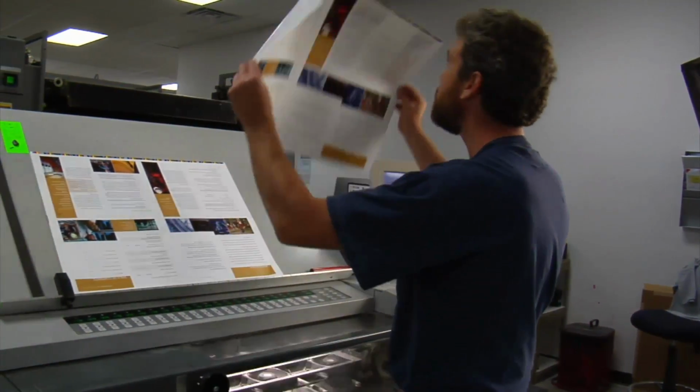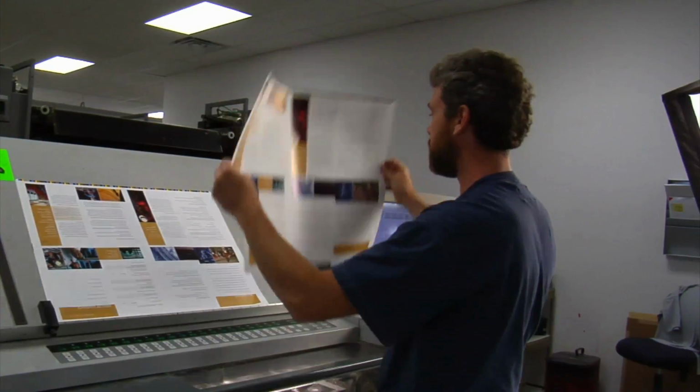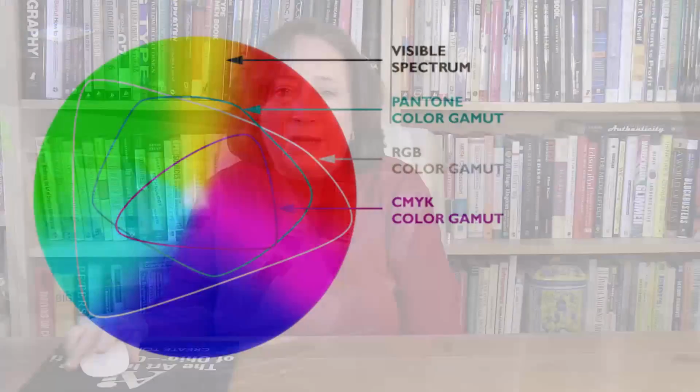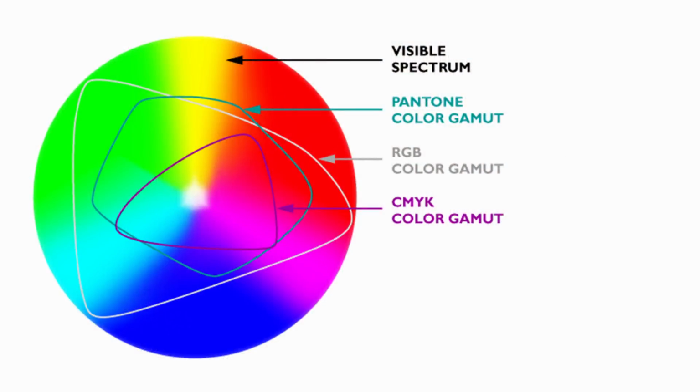The total number of colors that can be printed with CMYK is about 100,000 colors. This is a fraction of the colors available on a color monitor, 16.8 million. Only 1/2 of 1% of the colors showing on your monitor can actually be printed.